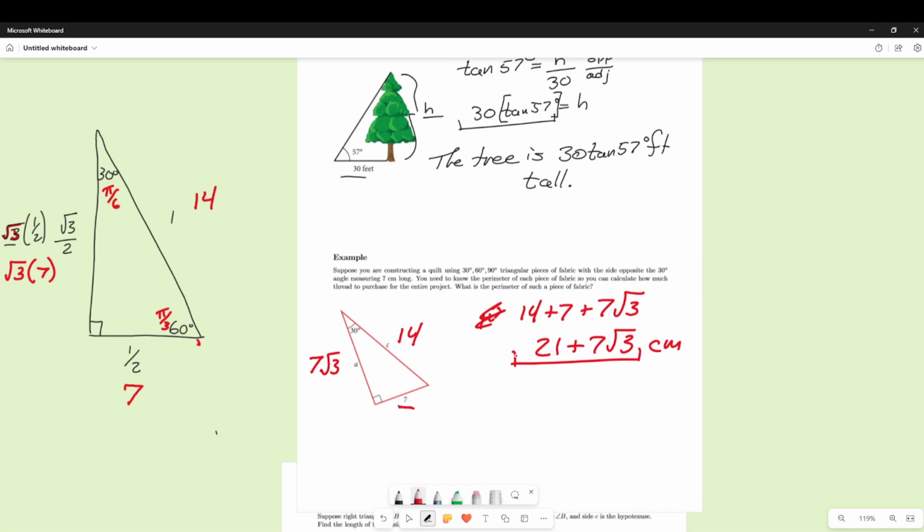See, and I could grab my computer and ask it to tell me what it is, but I like to make the point that it's just easier once you get used to it to deal with these exact values. You need 21 plus 7 square root of 3 centimeters per triangle.